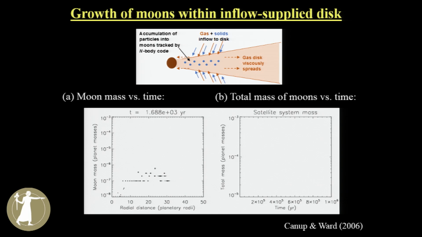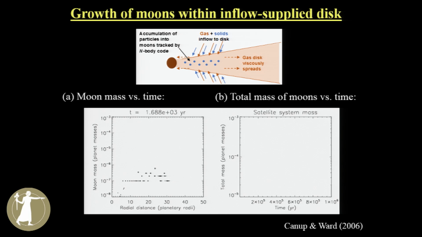So on the plot on the lower left, the black circles will be the simulated satellites. The horizontal line between each one is proportional to how elliptical its orbit is. As the satellites grow, due to the inflowing mass to the disk, they'll move up the plot and the circles will increase in size in proportion to the size of the satellites.